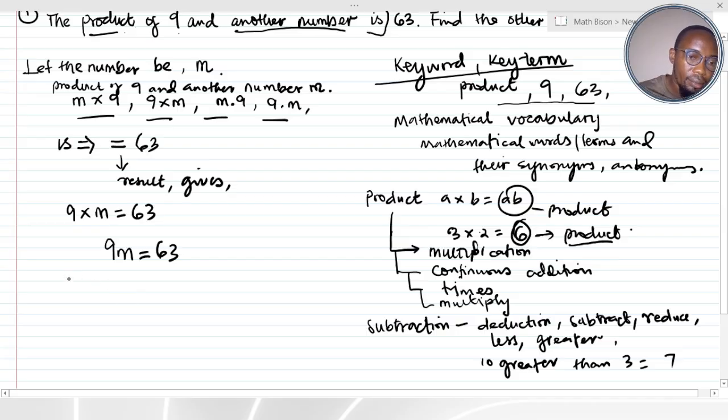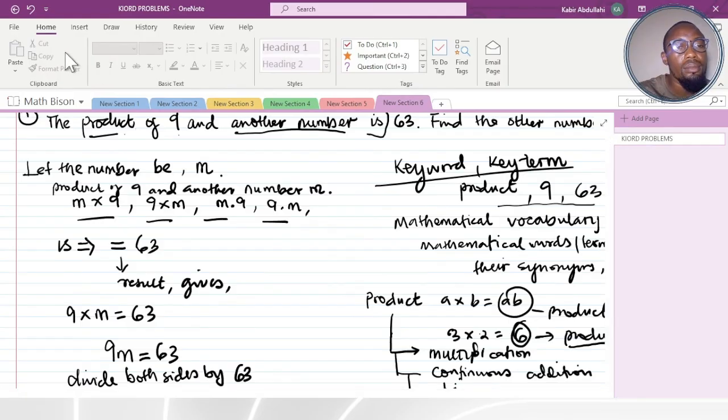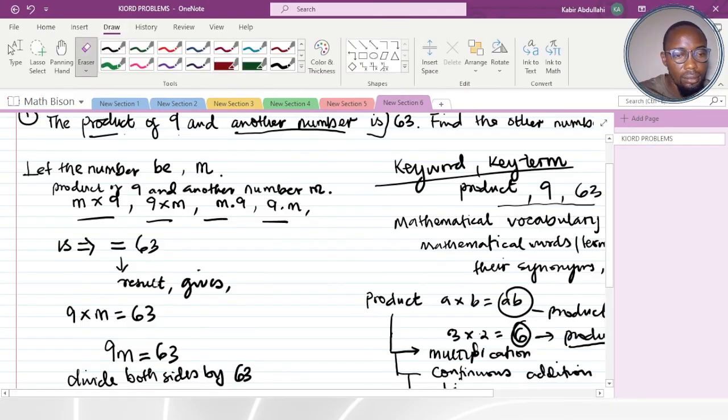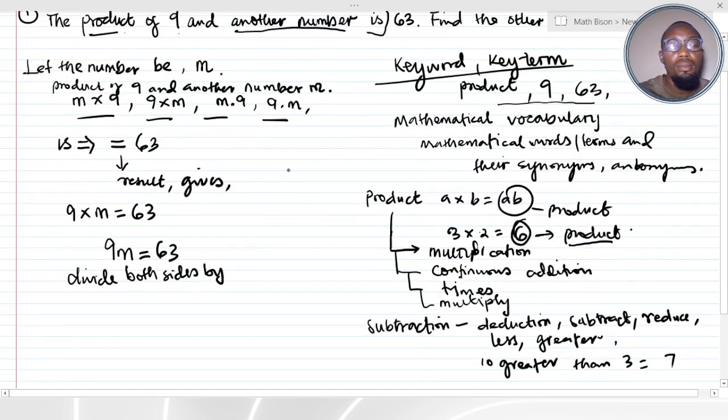From here, we can say, oh, divide both sides by 9, which is the coefficient of the unknown, the coefficient of m in this case.